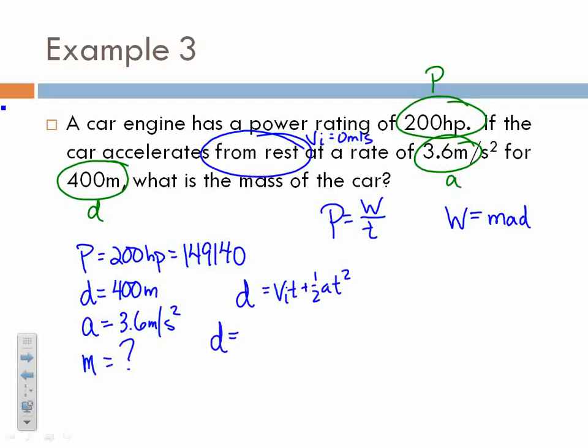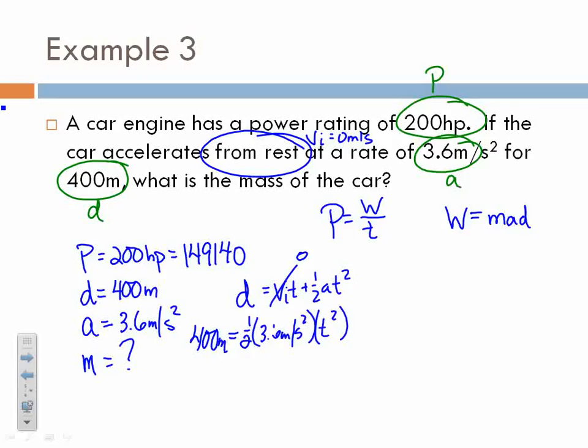Our initial velocity is 0, so that term goes away. I have 1/2 times my acceleration of 3.6 meters per second squared, and time is what I'm looking for. The distance is 400 meters, given to us in the problem.